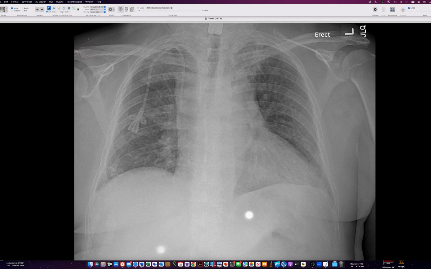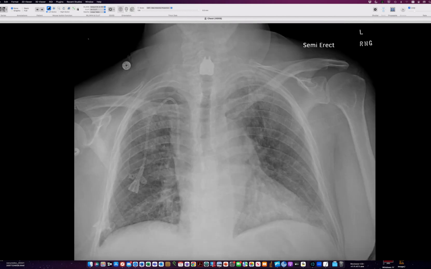This man came in short of breath and had a positive RSV test. He's a patient who's had chemotherapy for leukemia and has had a transplant, so he's immune compromised, and he has this diffuse lung disease. If you told me that this was pneumocystis, I'd say that's great for pneumocystis, but this turns out to be RSV, and it got worse.